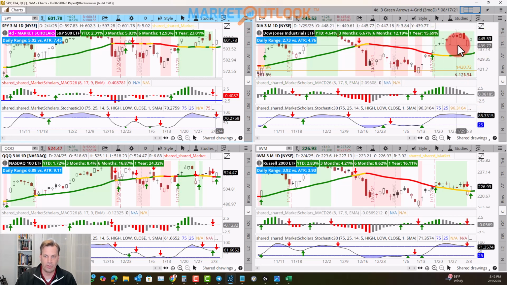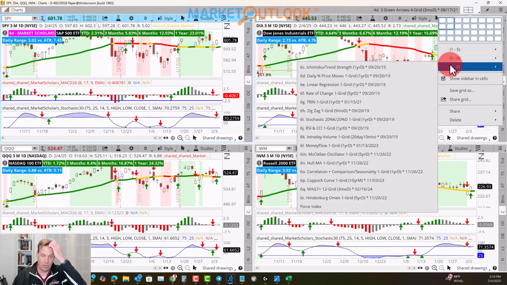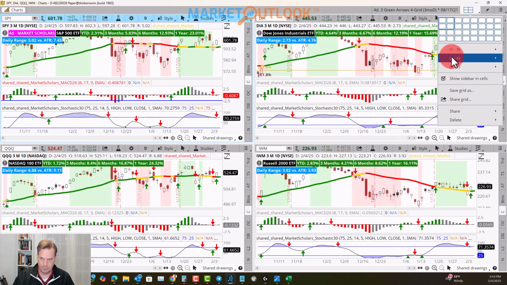So we've still been on this bullish trend on the Dow, but the others, including the Russell, again had 3 red arrows. Now, I only had a yellow line, but I had 3 red arrows yesterday. The NASDAQ was pretty close to 3 red arrows. The stochastics turned briefly green, but it was pretty close to 3 red arrows and a red line. So it kind of goes to show how susceptible we are right now.